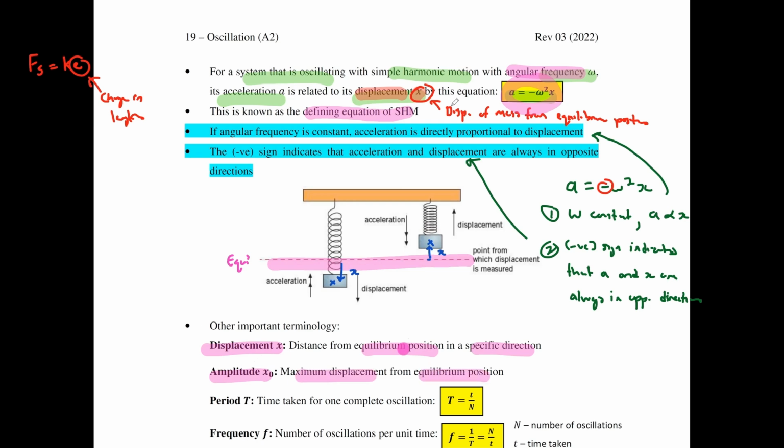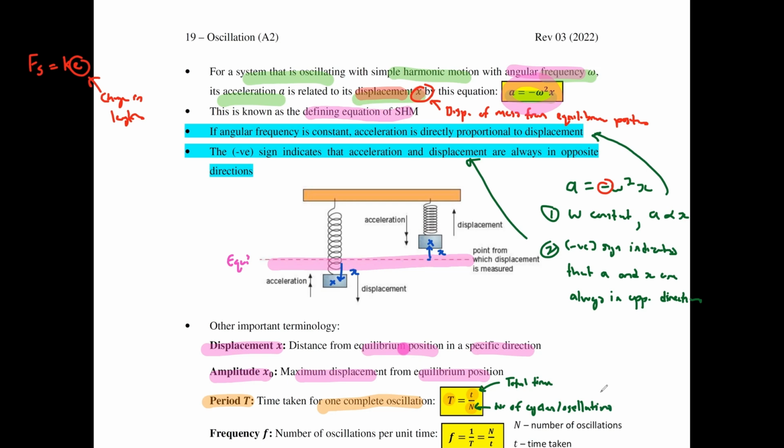When something is oscillating, there is a quantity called period, which tells you the time taken for one complete oscillation. It can be written as capital T equals small t divided by n. The small t here, you can just think of as total time, divided by the number of cycles or number of oscillations, if you would.